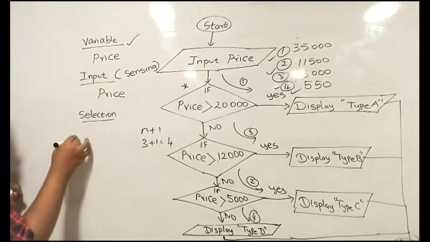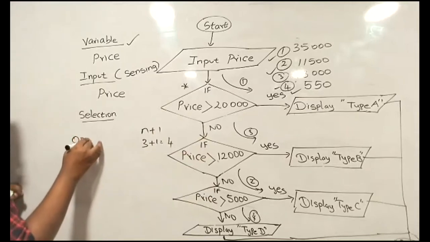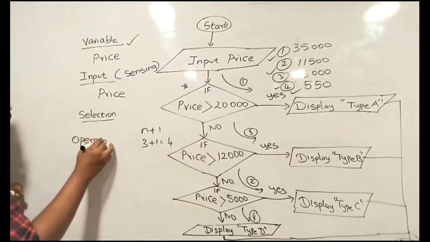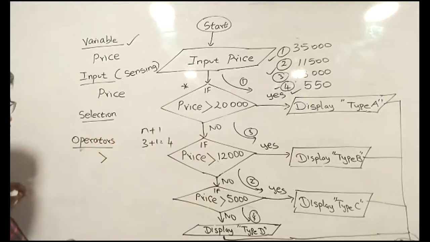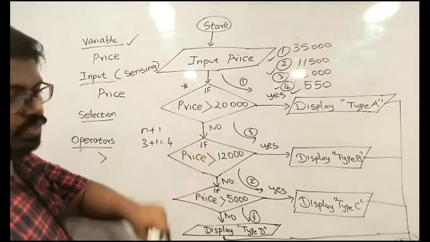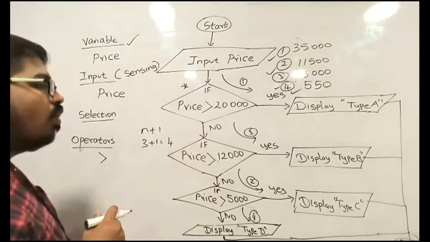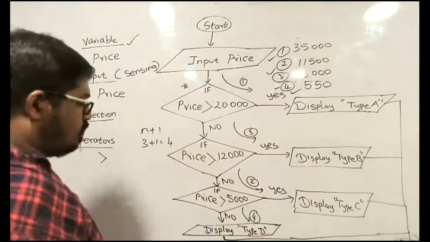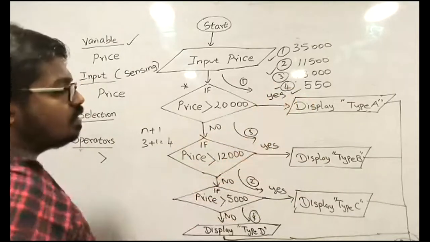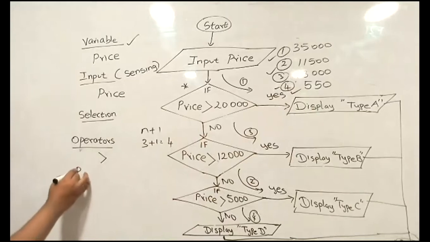So we need operators. Which operator? Greater than operator. 1, 2, 3, like 3 greater than operators. Then there's no process here. Nothing. So process.